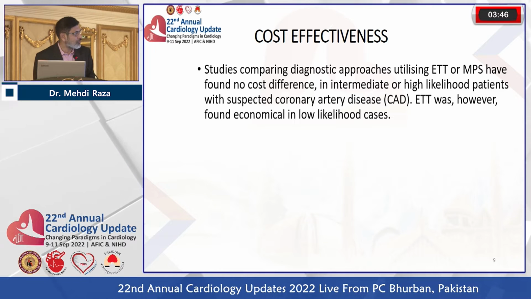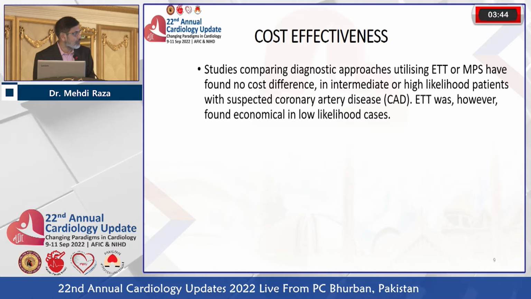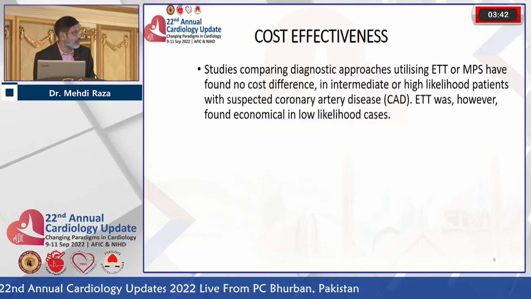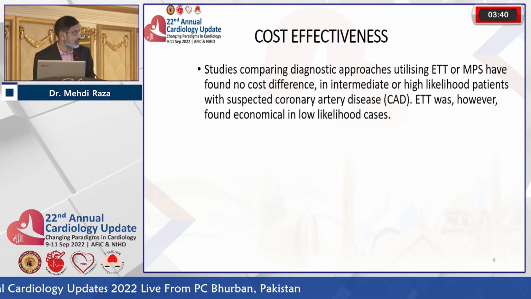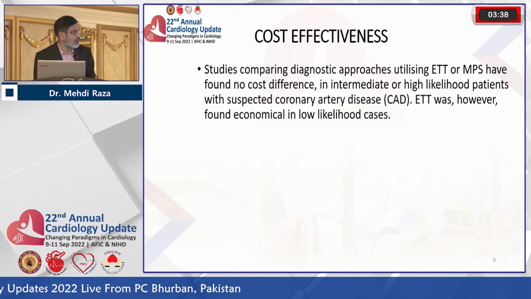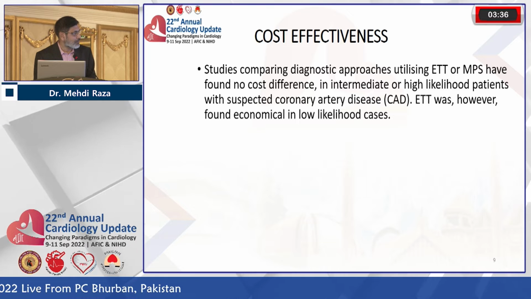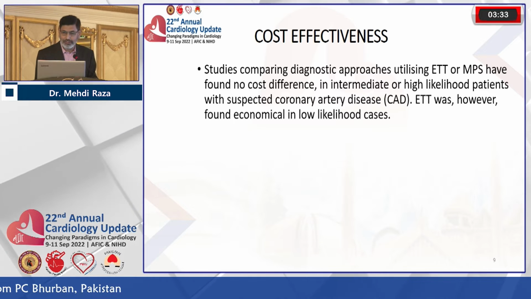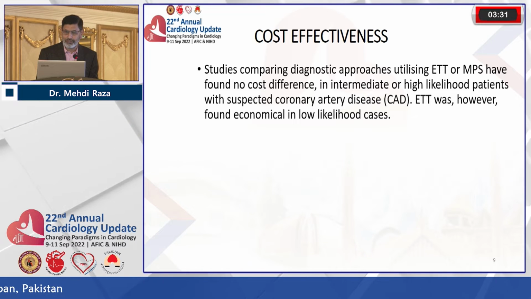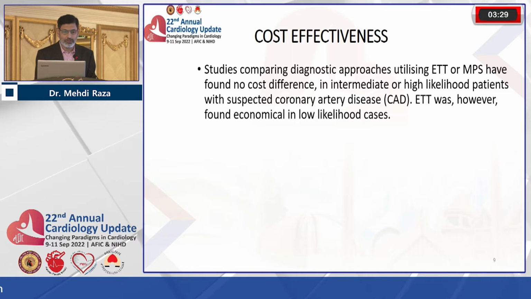Cost effectiveness studies, meta-analyses are available, many studies have been done over multiple years, and they all say that diagnostic approaches utilizing ETT or MPS have no cost difference in intermediate or high likelihood patients with suspected coronary artery disease.